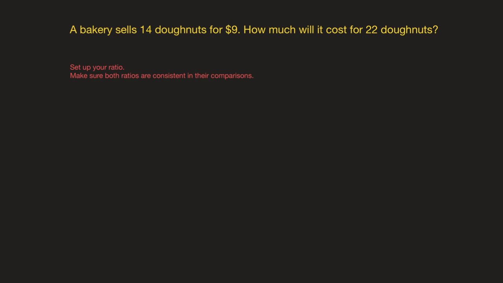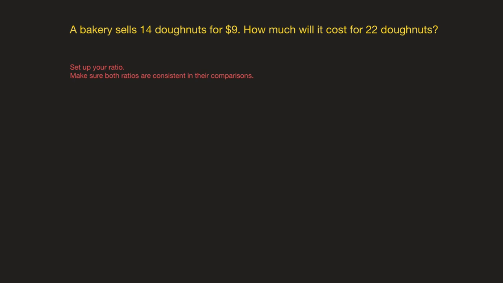What does 14 represent? 14 donuts. And the 9 is talking about price, dollars. The two things being compared here are donuts and dollars.